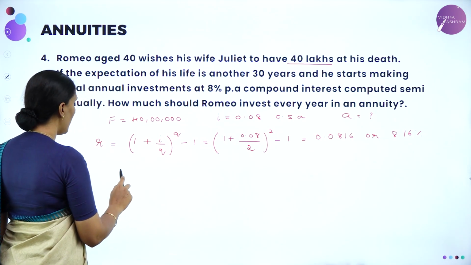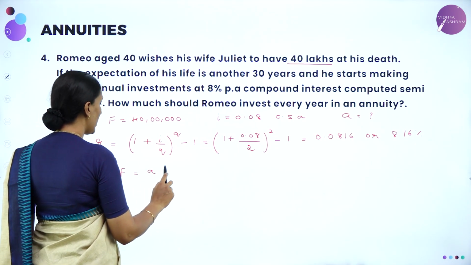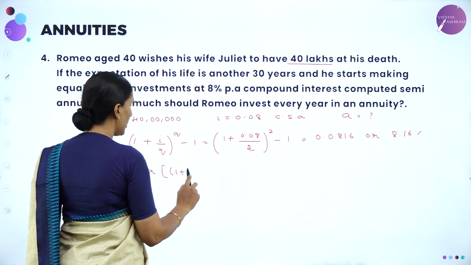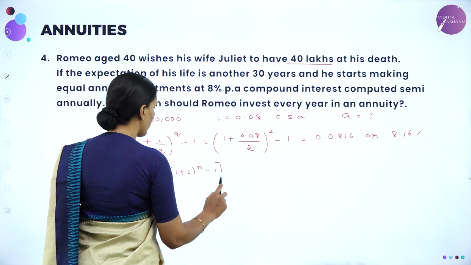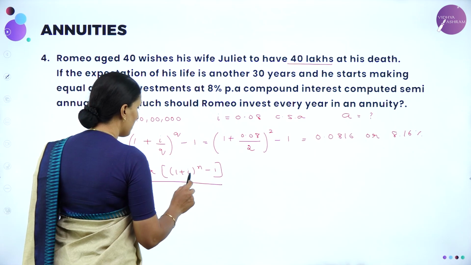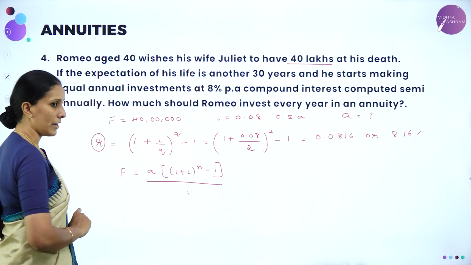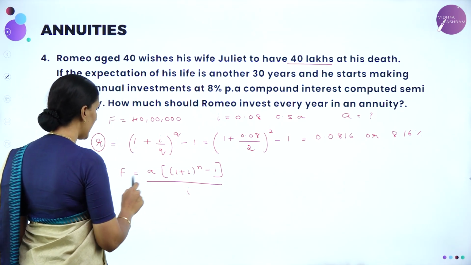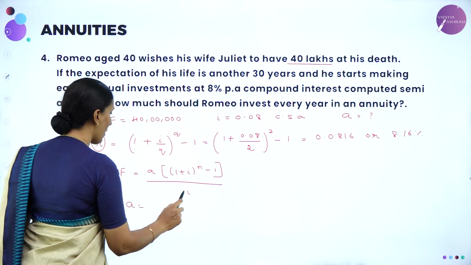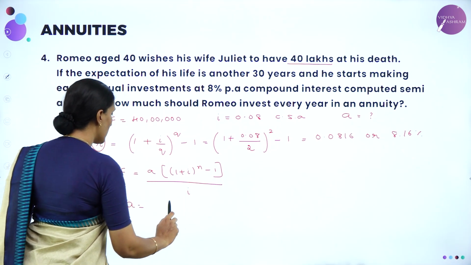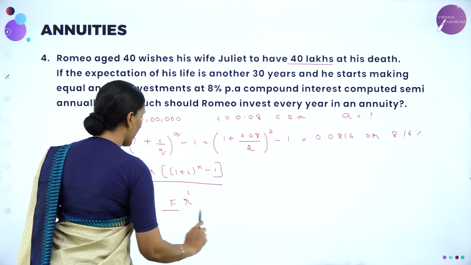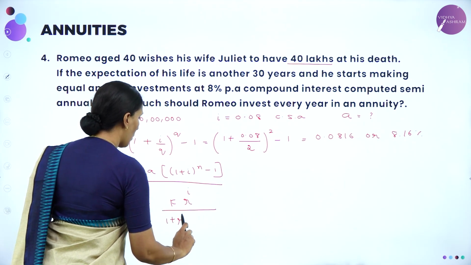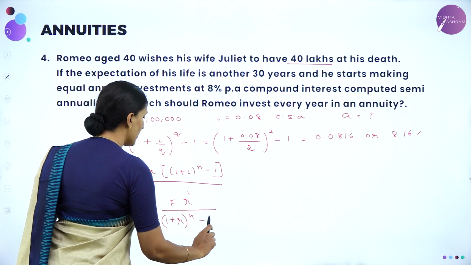Now we need to calculate the value of the annuity. We know the formula F is equal to A into (1 plus I) whole to the power n minus 1, whole divided by I. But here I is replaced by R, and we need A, so wherever I have I, I'll just replace it with R. So A is equal to F into R divided by (1 plus R) whole to the power n minus 1.